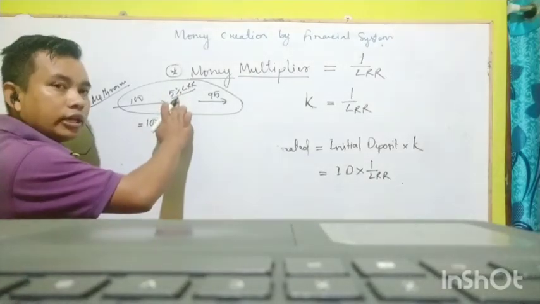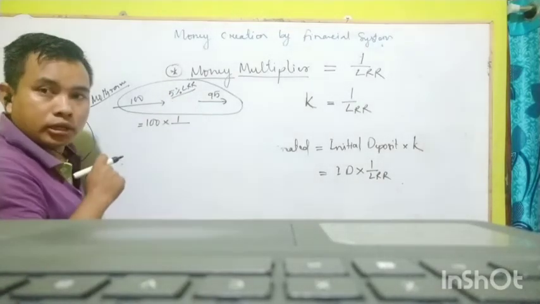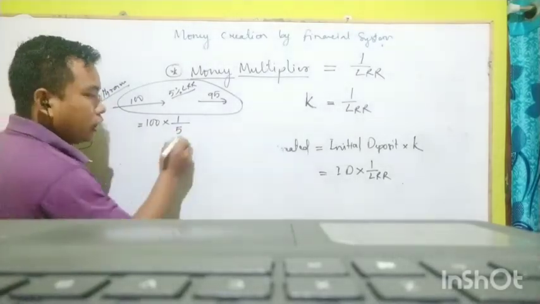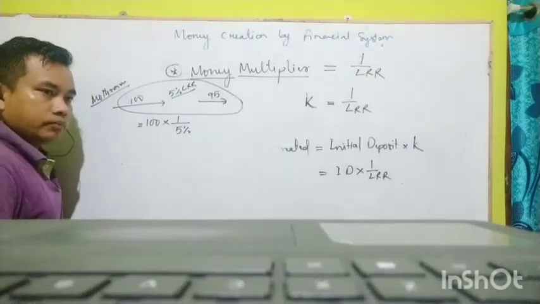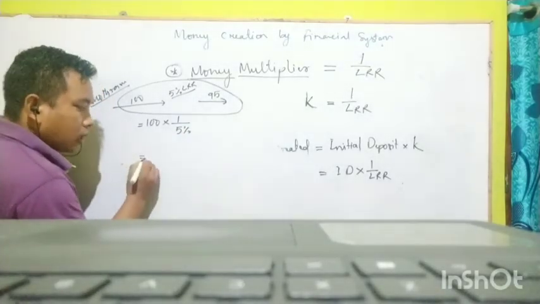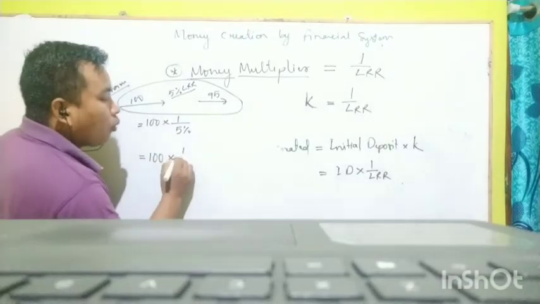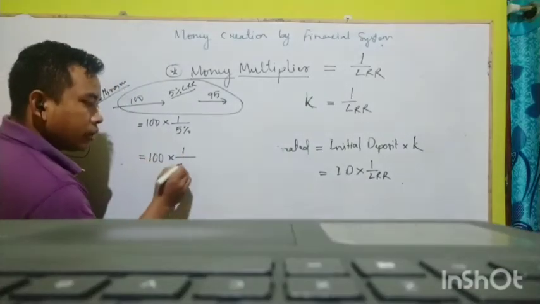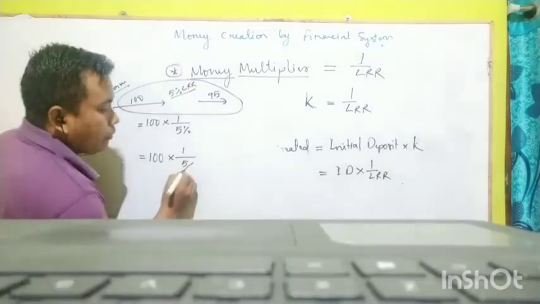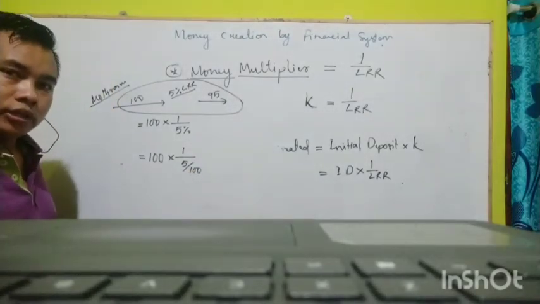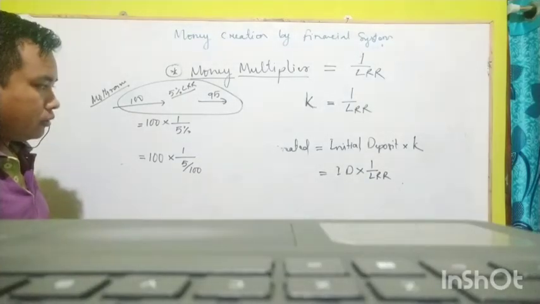LRR is 5%, and you write 5, which is wrong. It should be 5% expanded, so rupees 100 into 1 by 5%. 5% means 5 by 100. Yes or no?